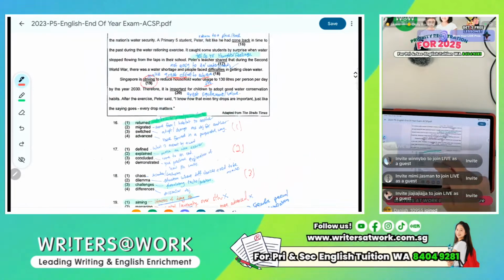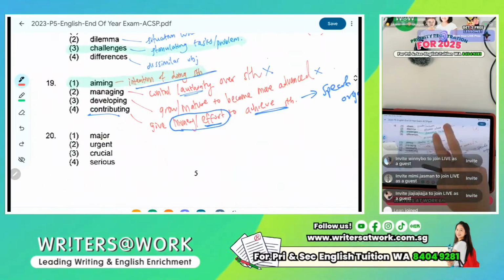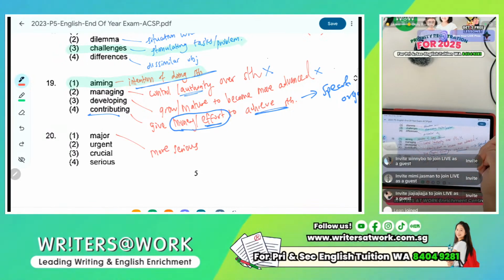Lastly, we have question 20. Important, which means that something is of great significance or value. Looking at our options here, major, which means something is more serious. Urgent, which means that immediate action is needed or attention is needed.